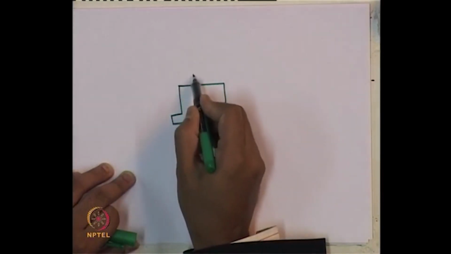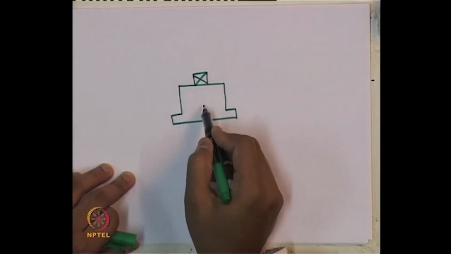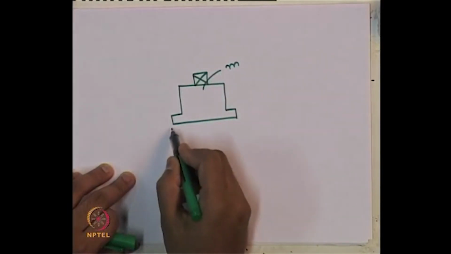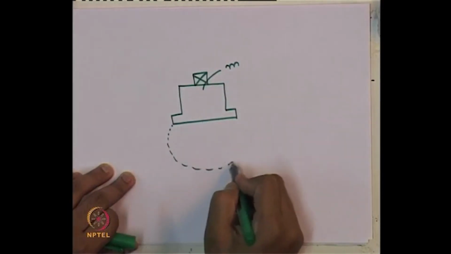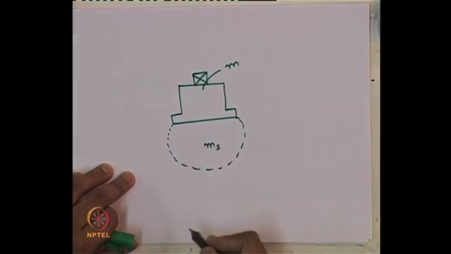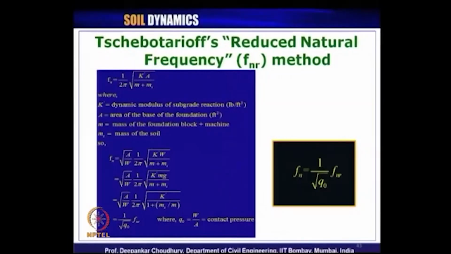On top of it we have some machine here, machine plus foundation together some mass m, and when it vibrates, some portion of the soil is also getting vibrated along with this, that portion of soil is ms. Okay. So, that is Digbeau's expression, it was developed in Germany, and it has been now simplified by Shobeteriev in this fashion.